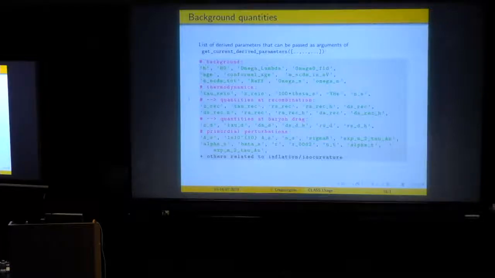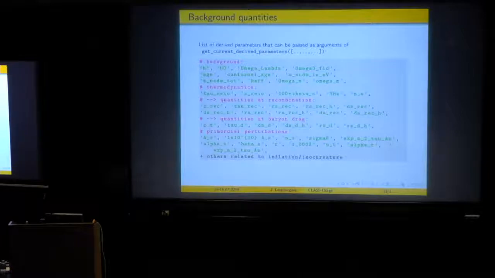In the background module, CLASS will always store the omega and h in different formats, some h variables. This will be the mass of neutrinos in electron volts. Maybe you don't know it because you passed omega of neutrinos, of massive neutrinos. Then the mass in electron volt was computed for you by the code.